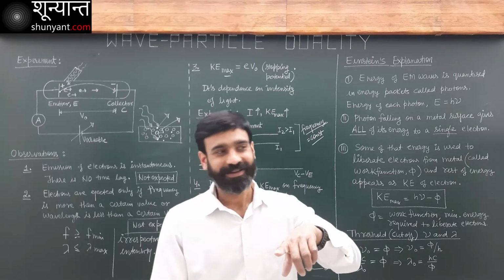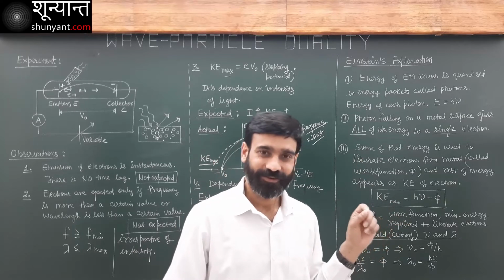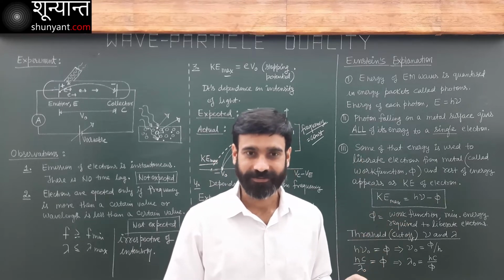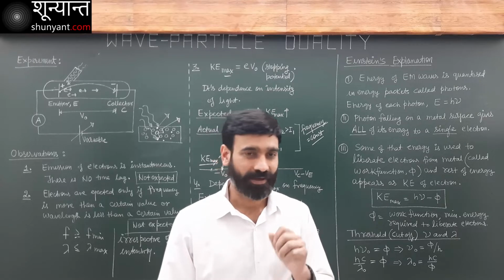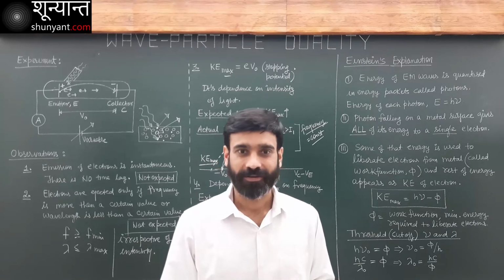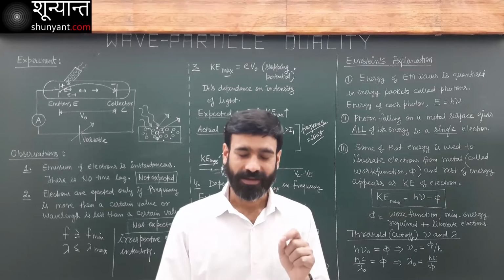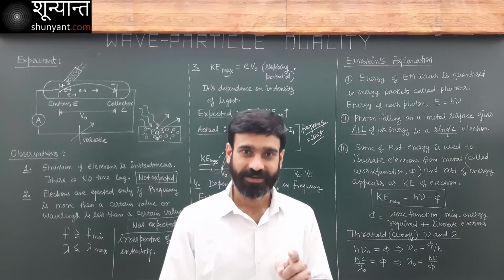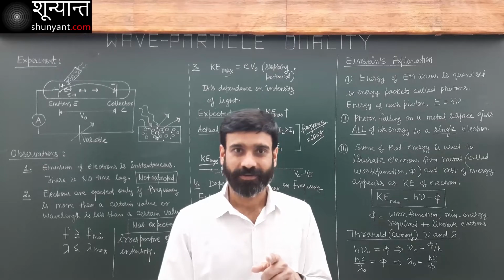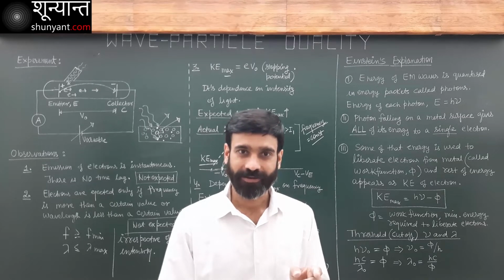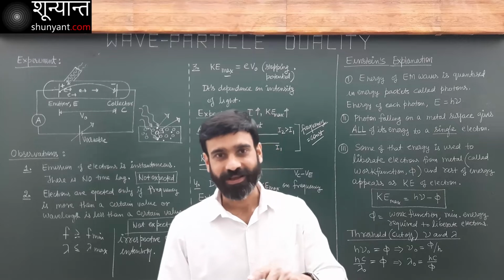If you want to explain the photoelectric effect, think of it as particles. This in itself is amazing, astonishing. It appears as if light knows when to behave like a particle and when to behave like a wave.